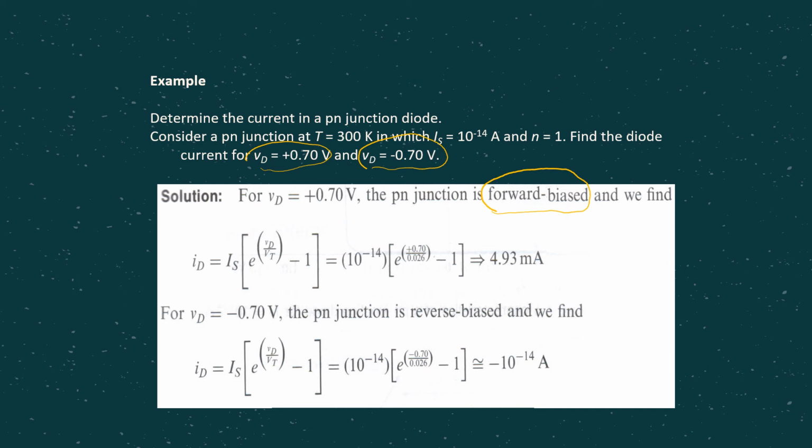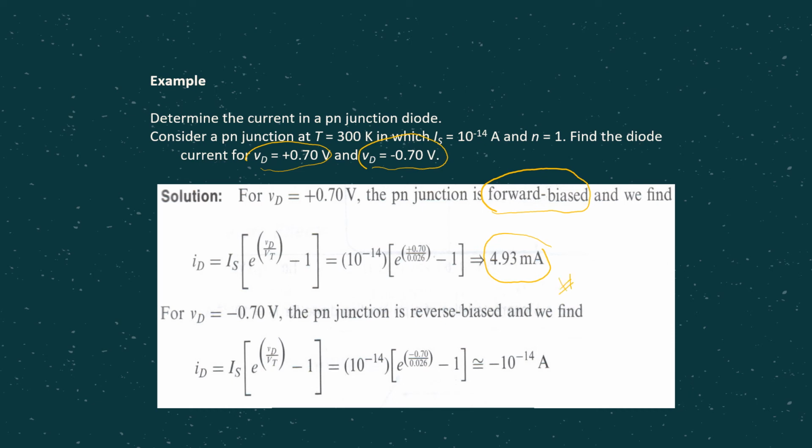We give positive voltage to the PN junction. If we use the formula and substitute all the values, we get ID is 4.93 milliampere. Because we are talking about forward bias, there will be diffusion of carriers. Obviously there will be current flow, so in this case the current is 4.93 milliampere.